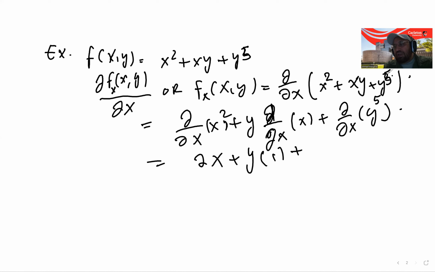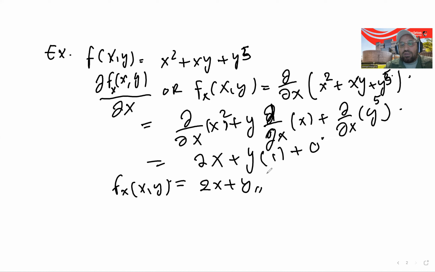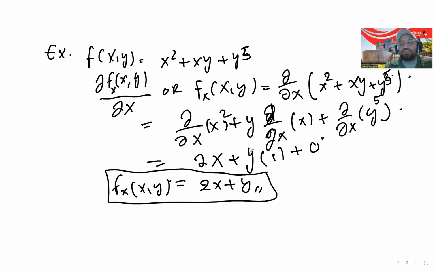Since we're holding y constant, the derivative of a constant is 0. Therefore the answer is 2x plus y.